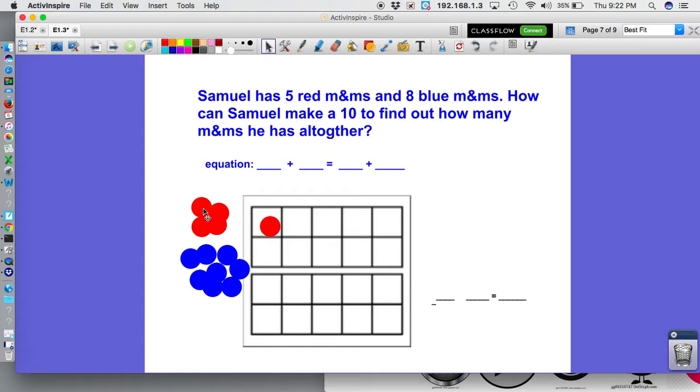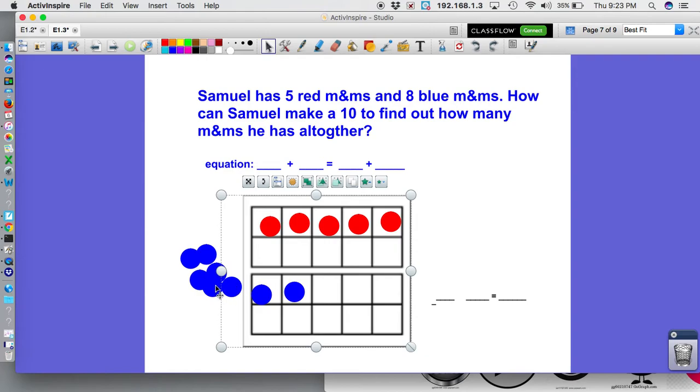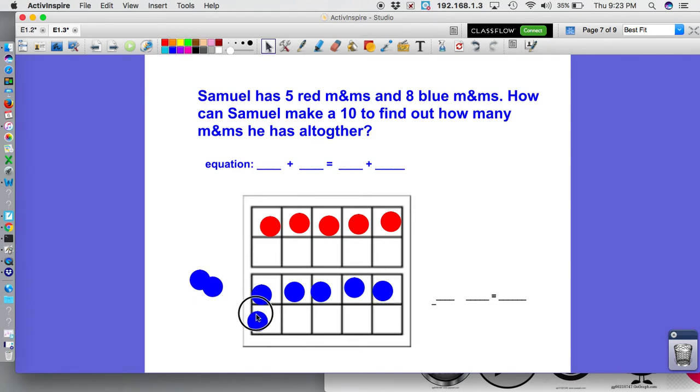So if he has 5 M&Ms that are red and he has 8 blue M&Ms, how can we make a 10?